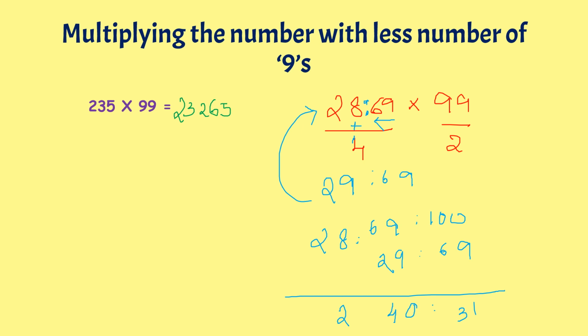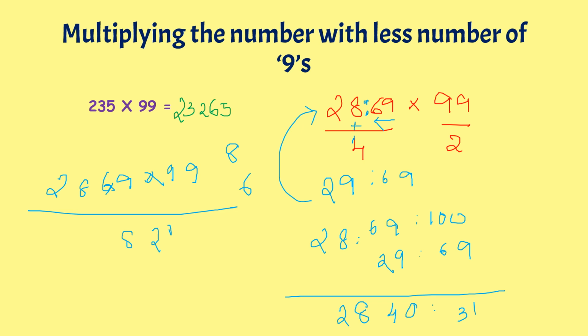So what is our desired answer? 284031. Let us check whether our answer is correct or not. 2869 into 99. 9 nines are 81. 9 sixes are 54, 54 plus 8, 62. 9 eights are 72, 72 plus 6, 78. 9 twos are 18, 18 plus 7, 25.